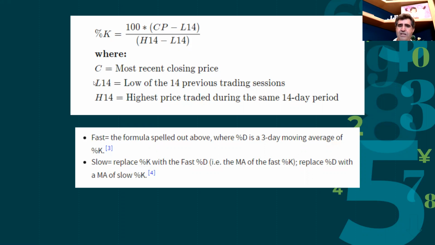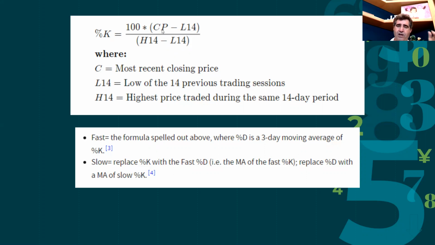As you can see, C stands for the most recent closing price. L stands for the low of the 14 previous trading sessions. Again, it could be days, minutes, or 60 minutes. It all depends on the bar that you choose. It could be weekly. Now the high 14 is the highest price it traded. So that's how it becomes a momentum indicator. It shows us there's more power.